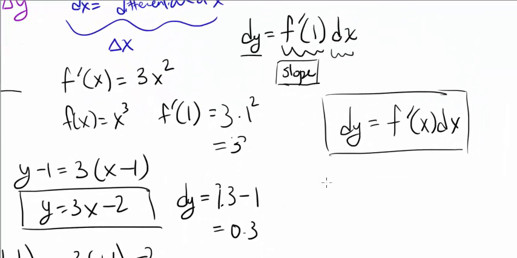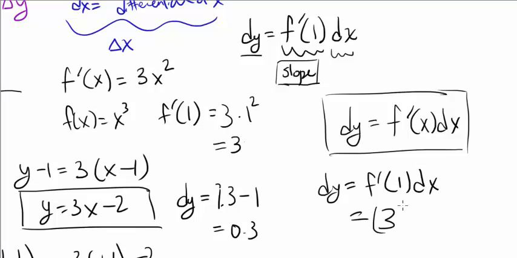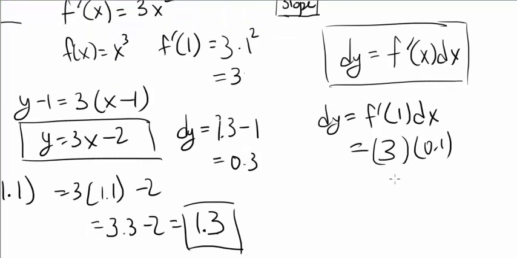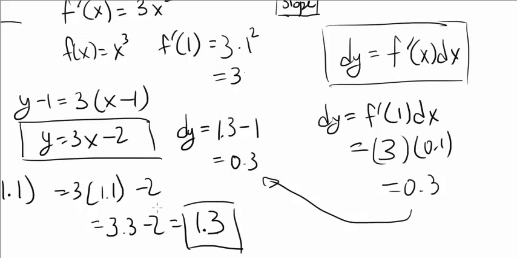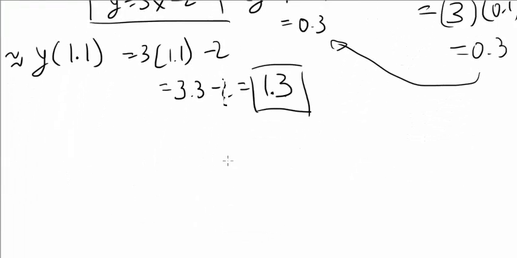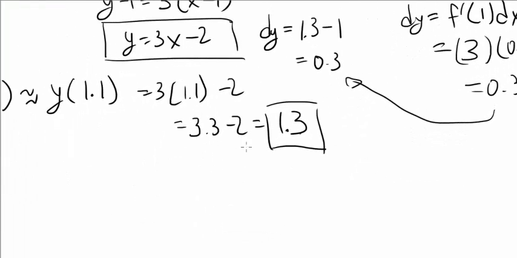Let me show it to you. So dy is equal to f prime of 1 times dx. f prime of 1, as we found, was 3, and dx is 0.1. That gets you 0.3, which is also the answer we get when we subtract 1 from 1.3. So, how close is our approximation? What is the actual value of 1.1 cubed?